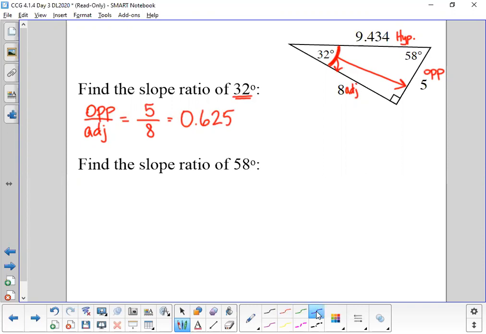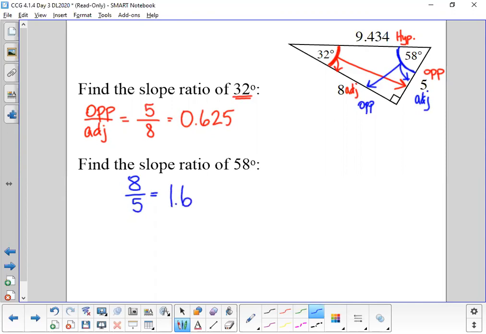All right, the next question says find the slope ratio of 58 degrees. 58 degrees is this reference angle. So that means that now my opposite and adjacent are going to switch. And this is going to be my opposite leg. And this is going to be my adjacent leg. So to find the slope ratio for 58 degrees, I'm going to have 8/5. And in my calculator, I've got 8/5 is 1.6.